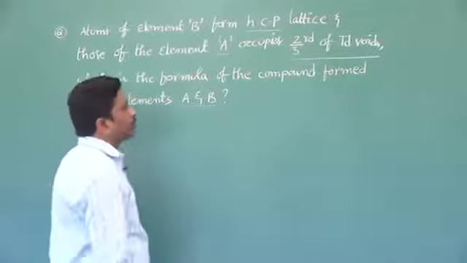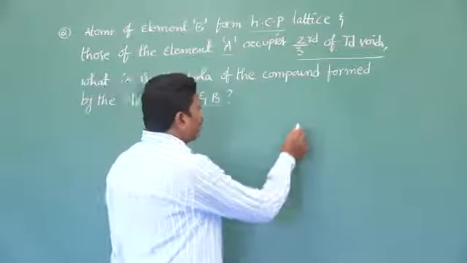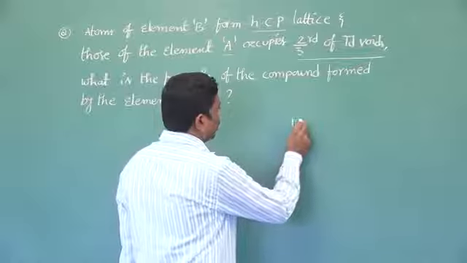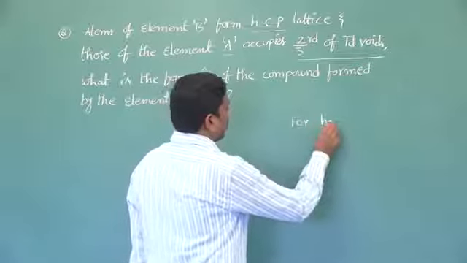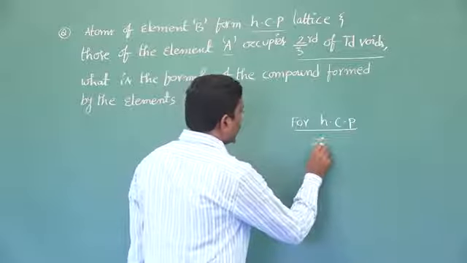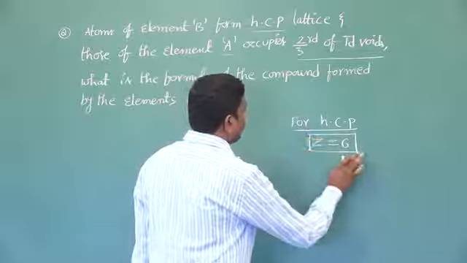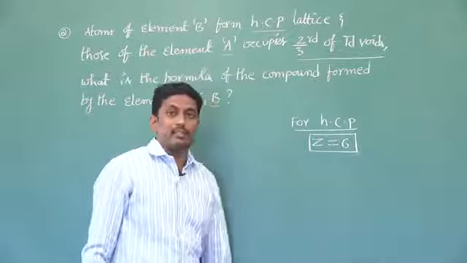Once recall the points and remember, students, for HCP, actually it is not in our syllabus, just remember this. For HCP, Z is equal to 6, meaning the number of particles present per unit cell is 6.